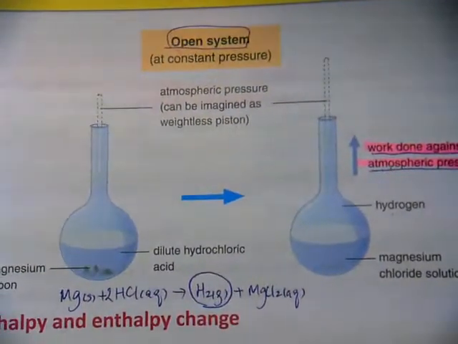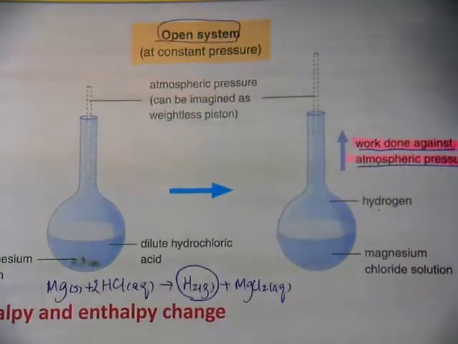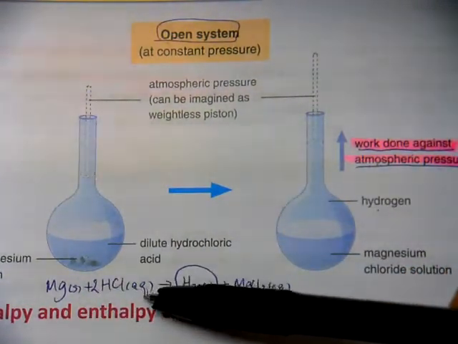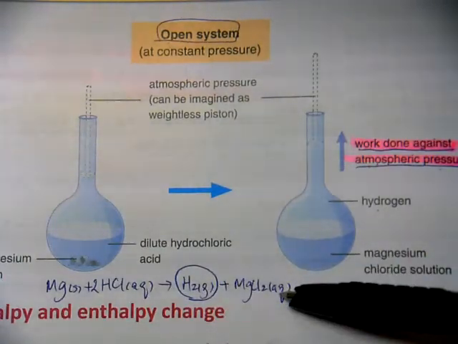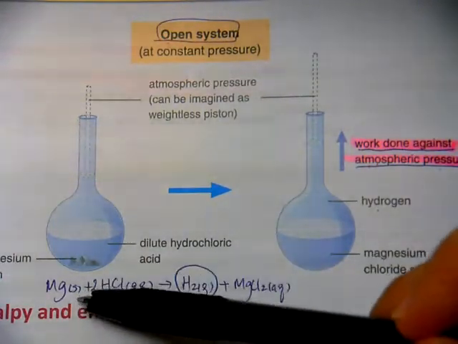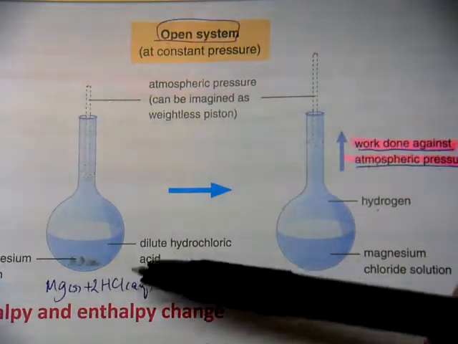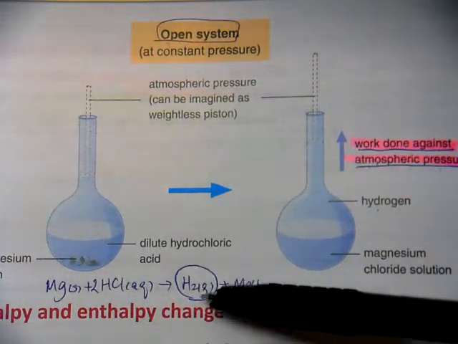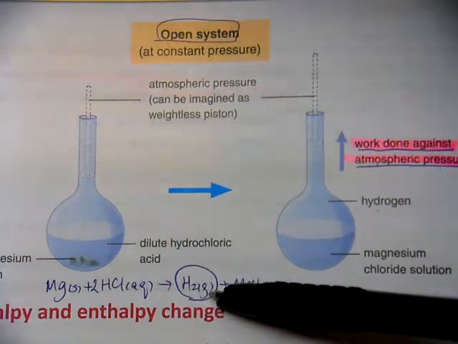Now maybe let's turn back to this page to help you to understand. Now let's look at this example. Solid, aqueous, gas, aqueous. Okay? Neglect the solid and the aqueous reactants and products. Focus only on the gaseous. In this situation it is the product.